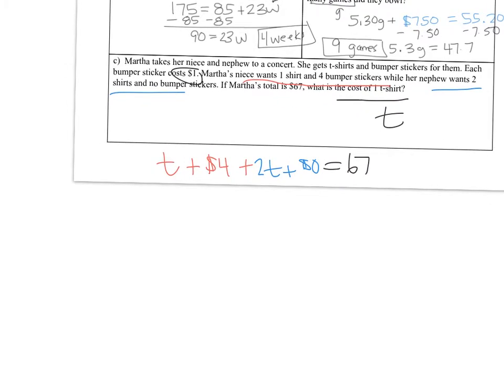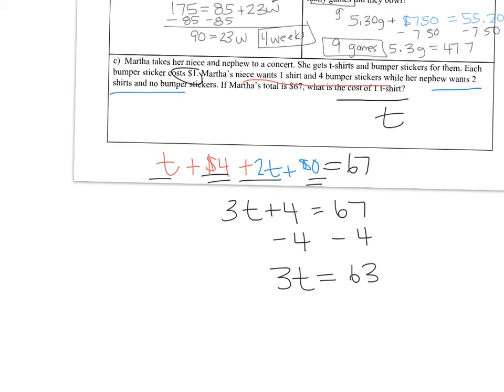I'm going to combine like terms. So T plus 2T is 3T plus my money, which is 4, equals 67. And then I'm going to solve. So 3T equals 63. Divide by 3. T has to be $21. So we're talking about the cost of a t-shirt, so you need to answer in money.